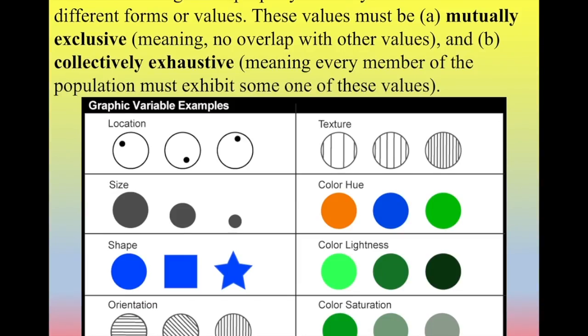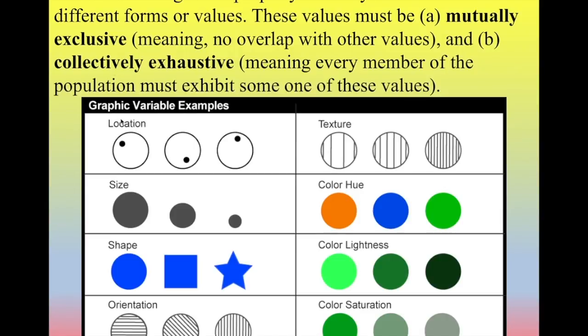For the same jar of marbles, we can exhibit many different variables, each variable with a separate set of values that must meet the two conditions of mutually exclusive and collectively exhaustive. In other words, there are many ways that we can divide up the same population, that same jar of marbles.